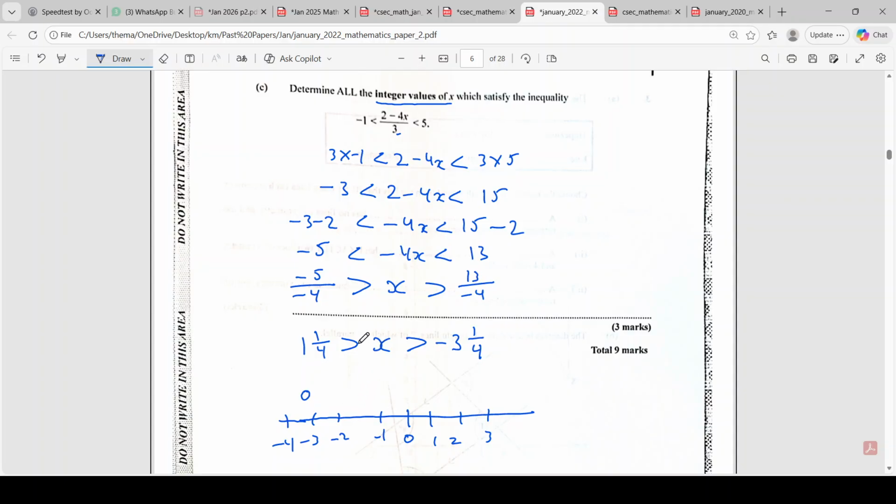And x is less than 1 1/4. 1 1/4 is somewhere here. So x is less than that, but greater than that. So therefore it will be running from there to there. So all the integers within this range would be negative 3, negative 2, negative 1, 0, and 1.